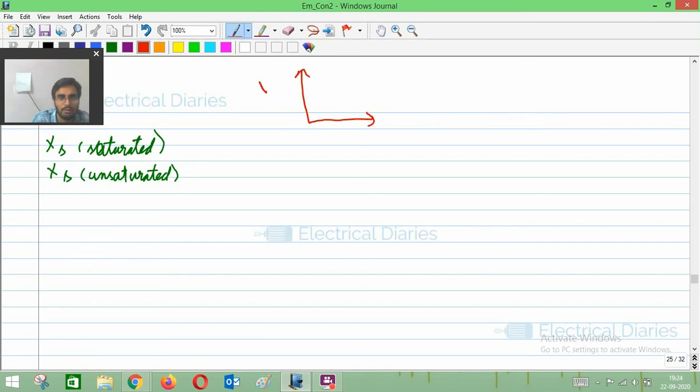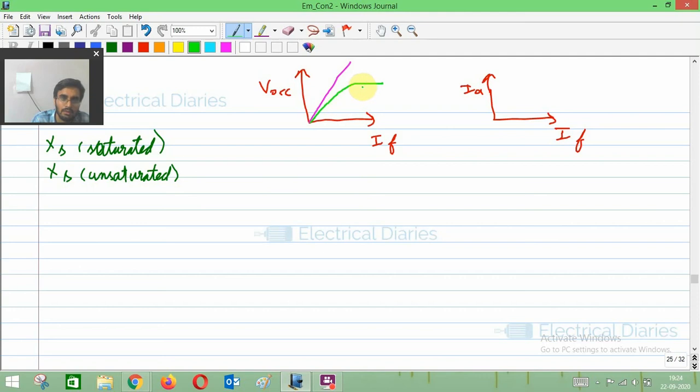Your VOC with respect to field current, and your IA, armature current, with respect to field current. This was your air gap line. Air gap line means if your core is of air, then this would be the curve between VOC and IF.